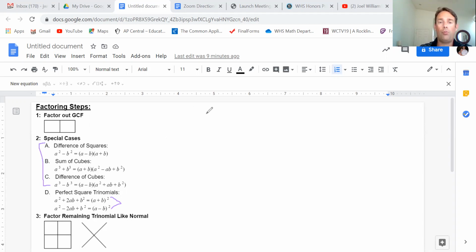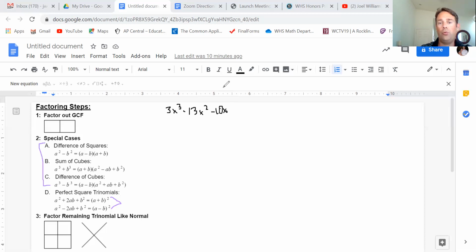So we're going to go through our 3 steps here and see how this works. Our first one is 3x cubed minus 13x squared minus 10x.